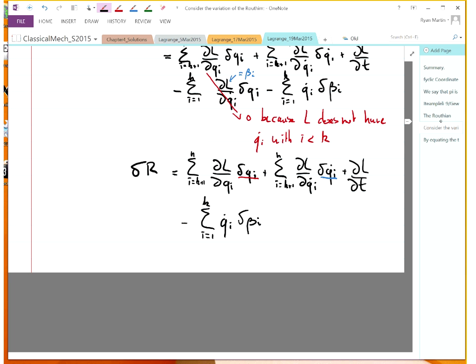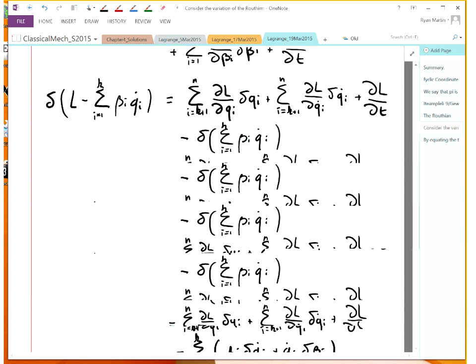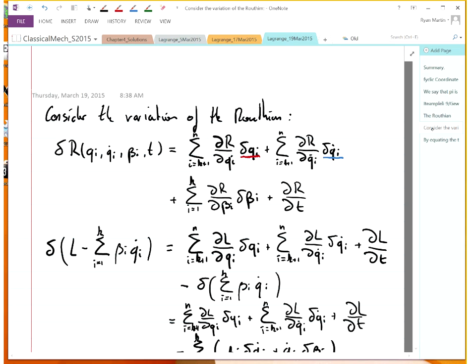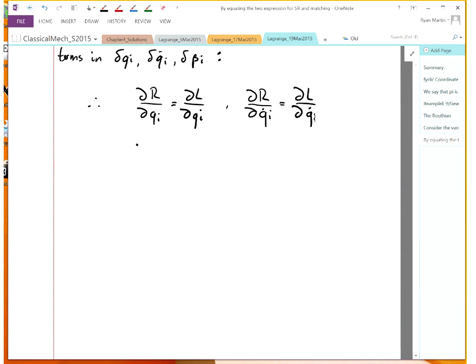What else? I have a ∂L/∂t term, and I have a ∂R/∂t term, so they're equal as well. ∂R/∂t is equal to ∂L/∂t.